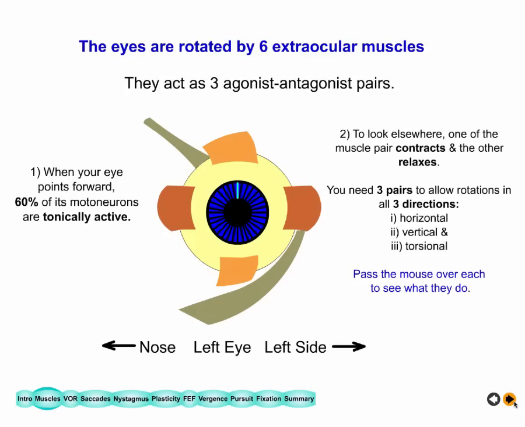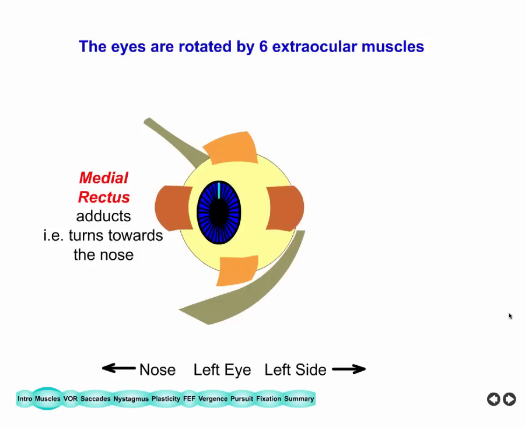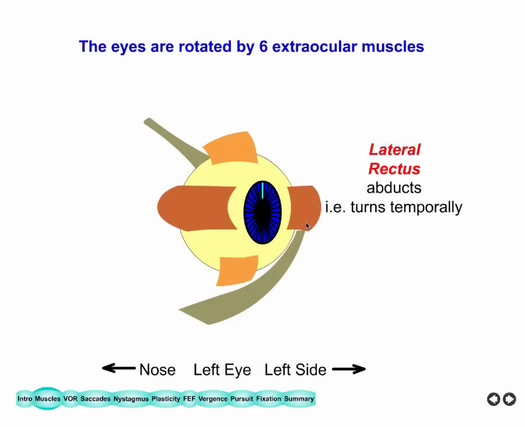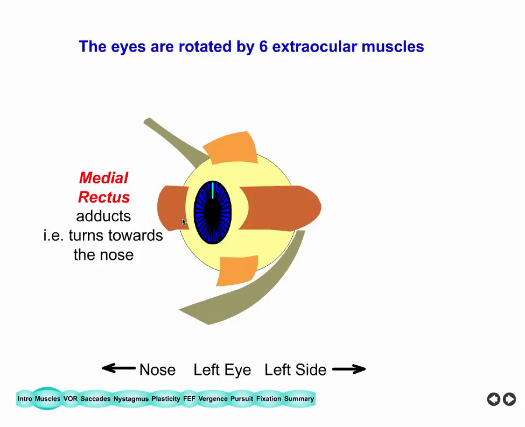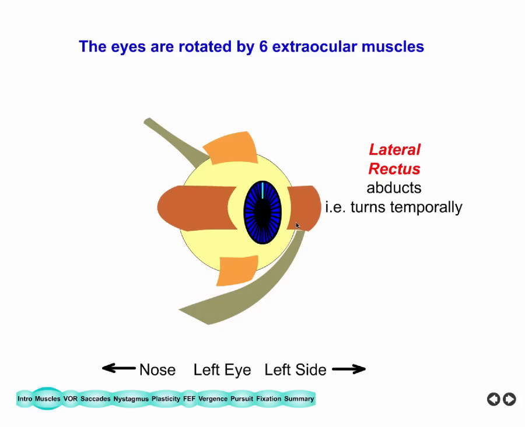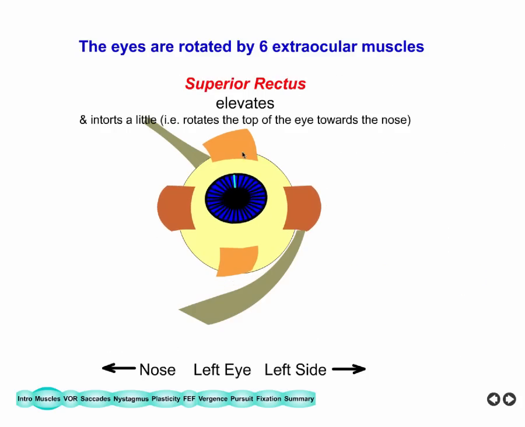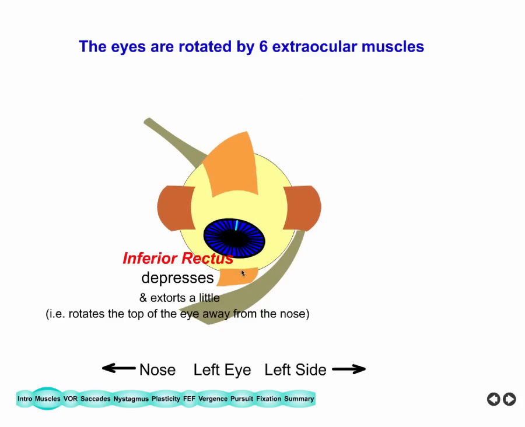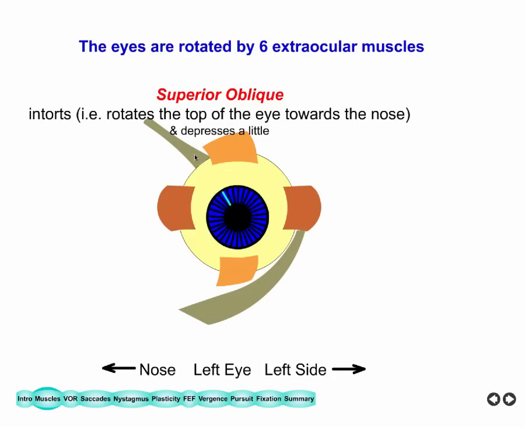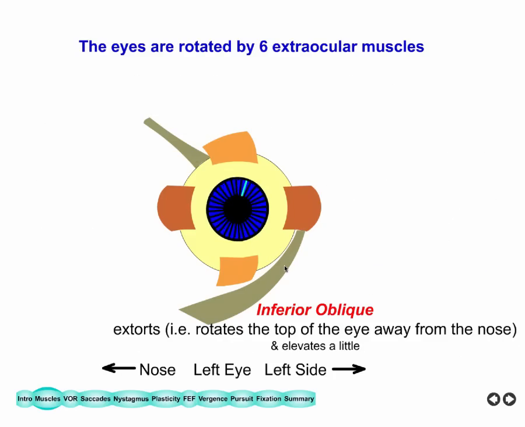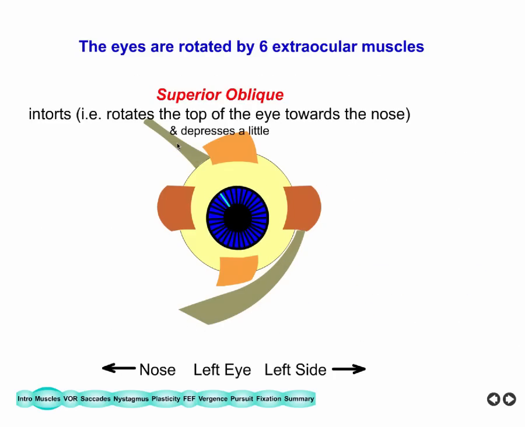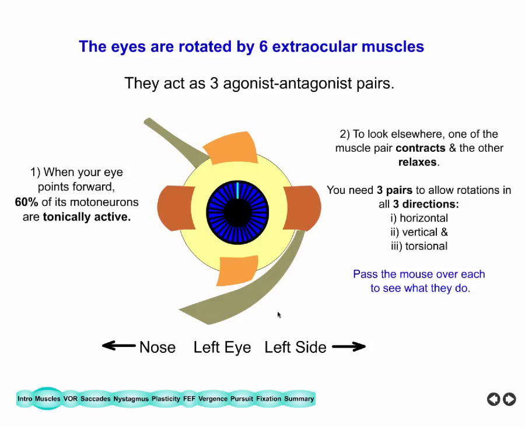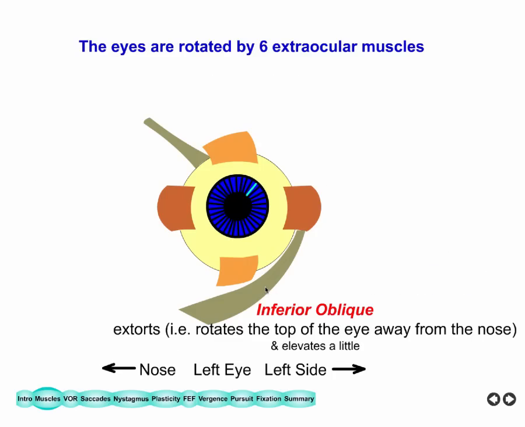So we've got one pair, you notice, is sort of horizontal on each side. Here this way, and here this way. Okay, and then you've got a vertical pair, and then you've got one that turns the eye. You can see it turning. Okay, so that's a third pair.